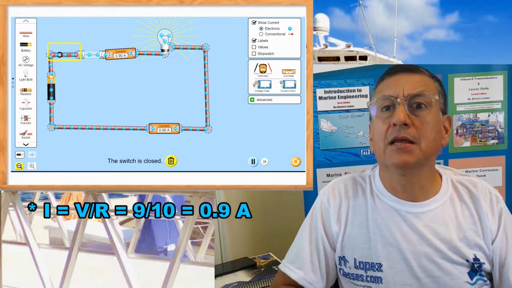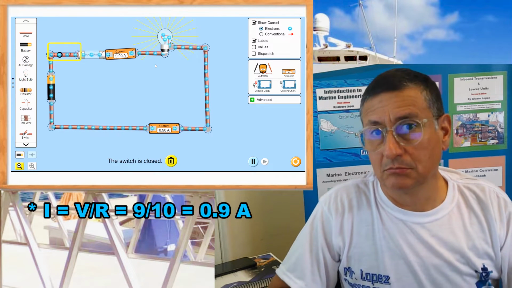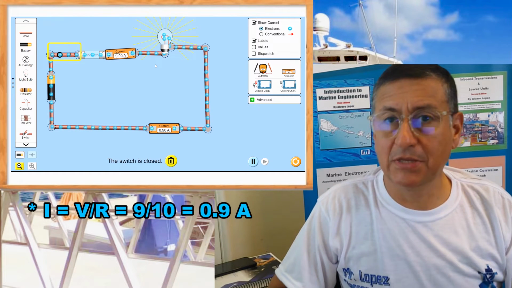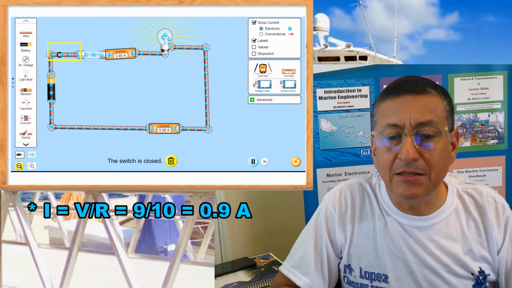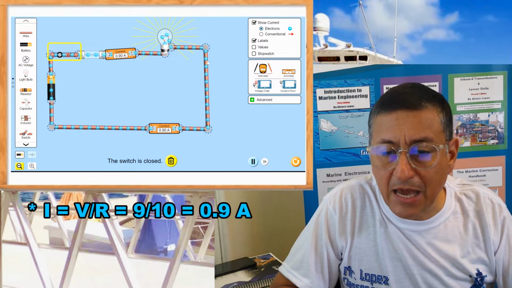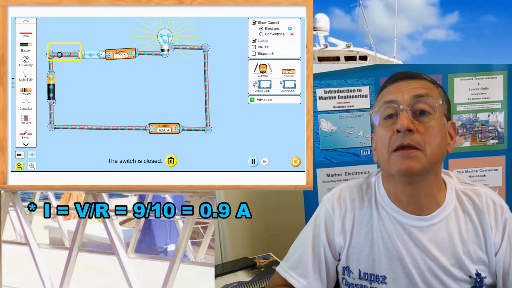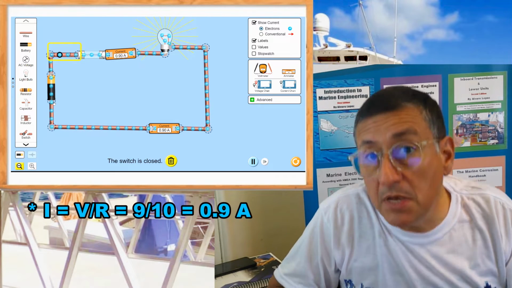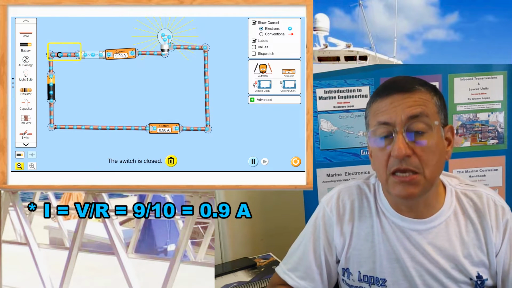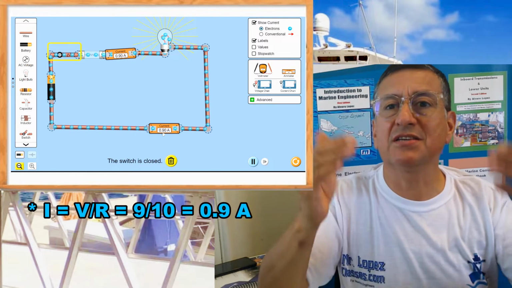Now let me check the return, or black cable, or ground cable in my DC circuit. The black one goes from the case of the light bulb, returns through the black cable, and enters the negative of the battery. I installed another ammeter in the negative, and you can see 0.9 amps in both of them because it's a series circuit.